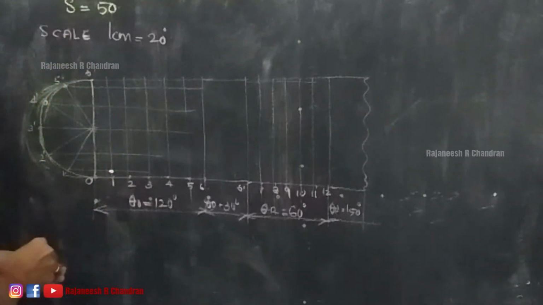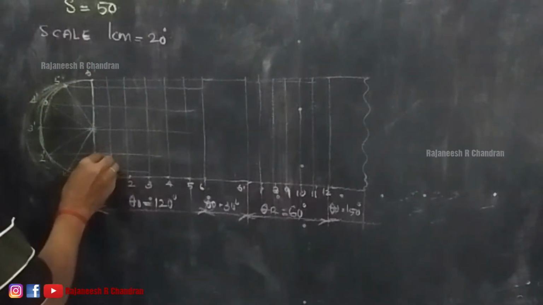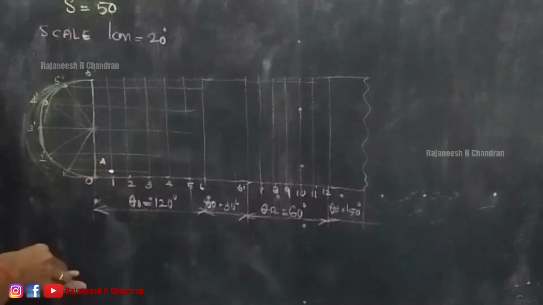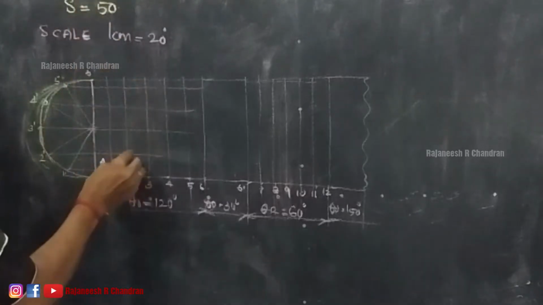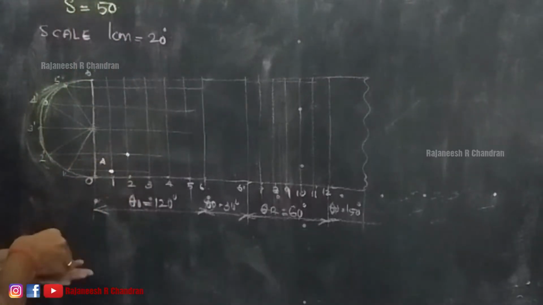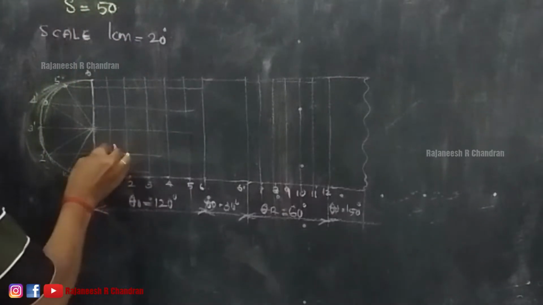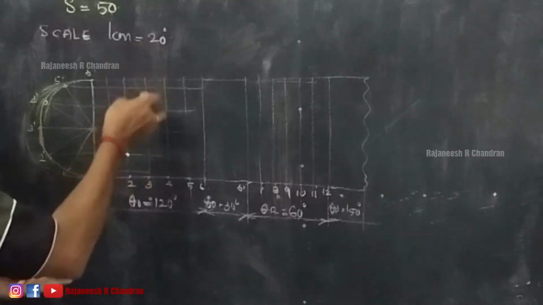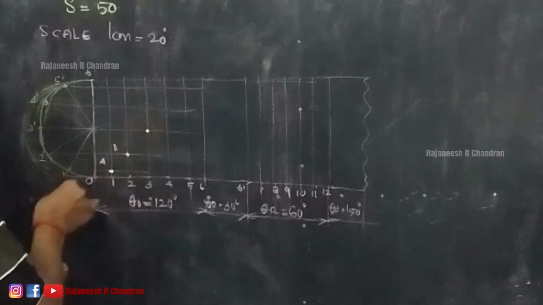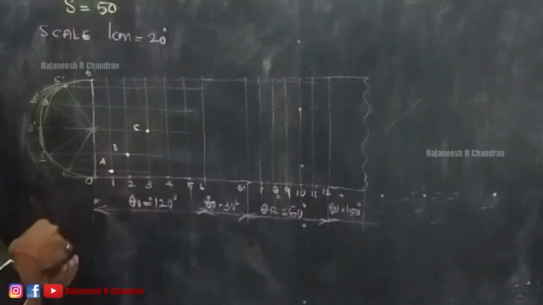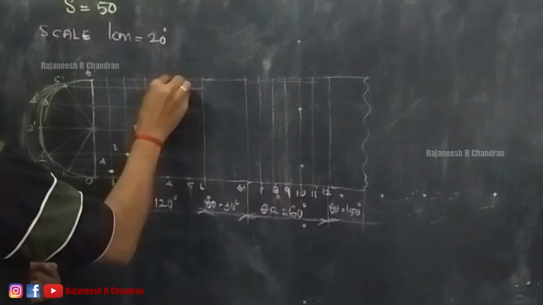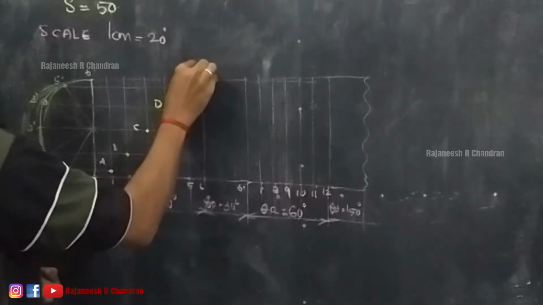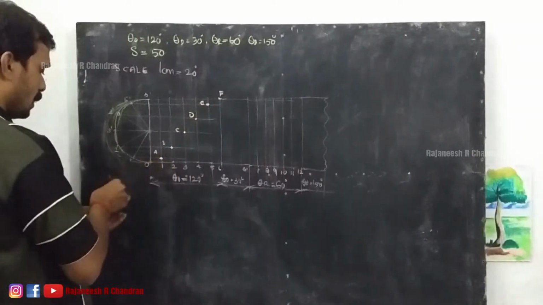Mark a point and name it as capital A. Similarly, the horizontal line through 2 dash and the vertical line through 2 intersect here, that will be our B. The 3 dash line and vertical through 3 gives C. Similarly this will be D, this will be E, this will be F. Connect.